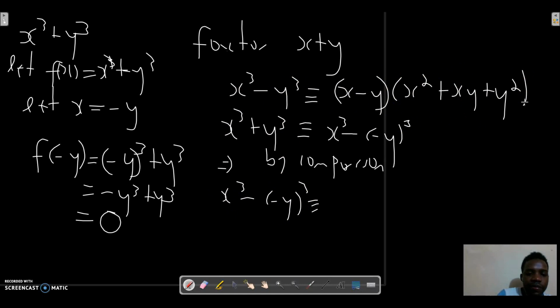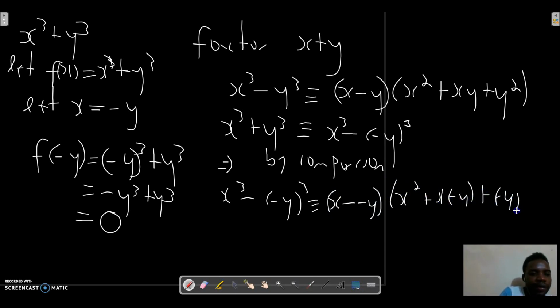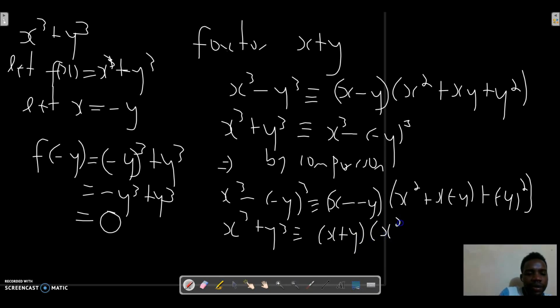So this is going to become x minus negative y into x squared plus x times negative y plus negative y squared. This breaks down to, and bear in mind that this is really x cubed plus y cubed, x plus y into x squared minus xy plus y squared.